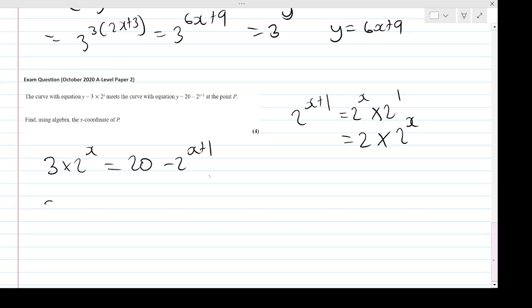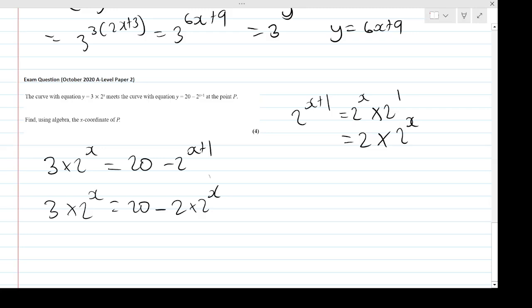And so now this boils down to 3 lots of 2 to the x is equal to 20 minus 2 lots of 2 to the x. Okay. And now actually I have exactly 2 to the x on both sides. I have one term of x. So now I can probably rearrange to get some sort of solution for x.